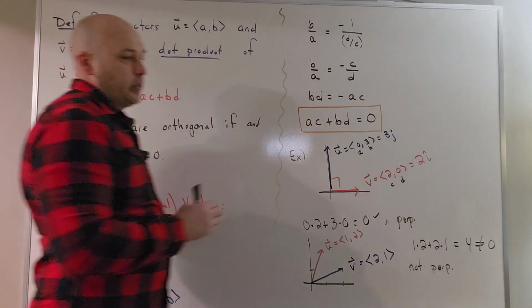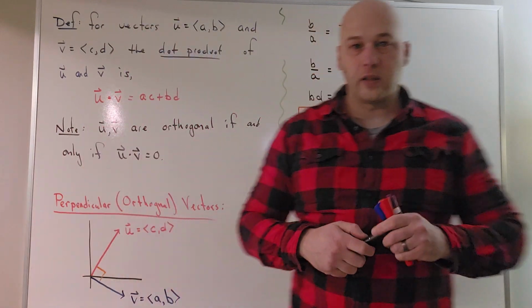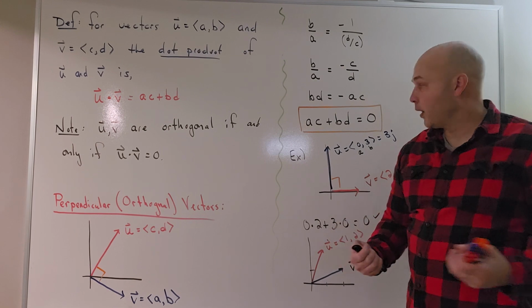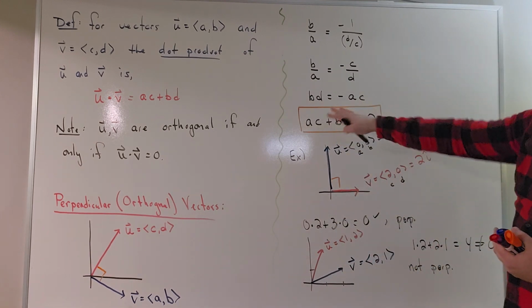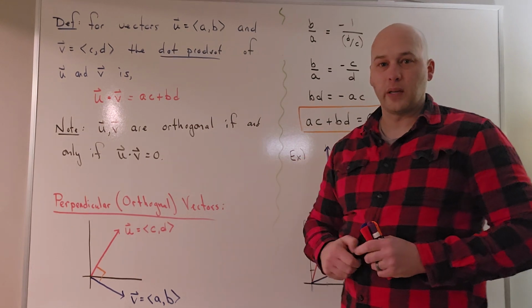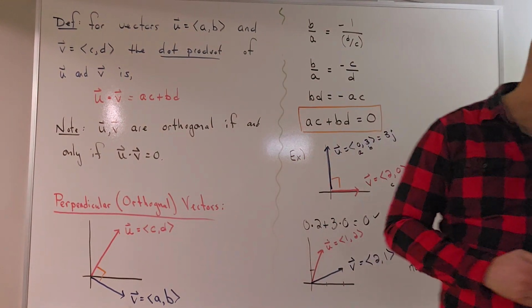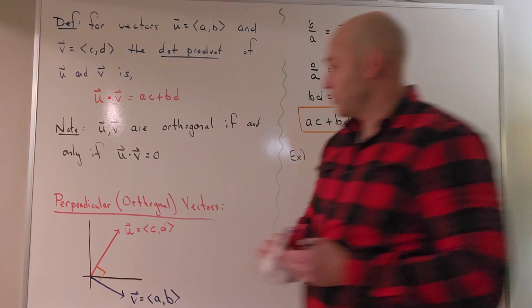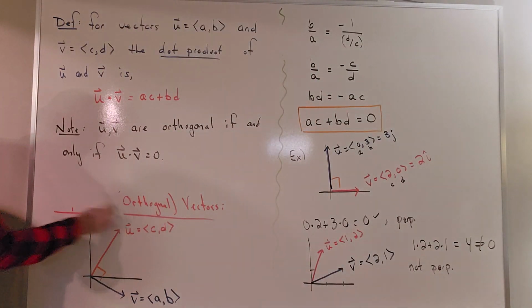Which, of course, should be an almost obvious conclusion at this point based on the way that I introduced what the dot product was, where one of the motivations for it is to be a test for perpendicularity. Okay.